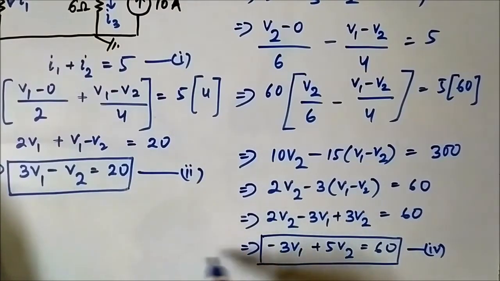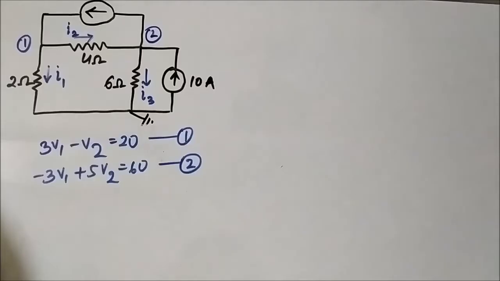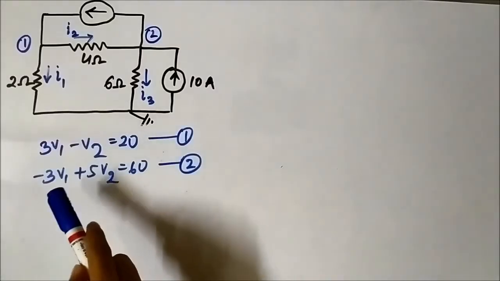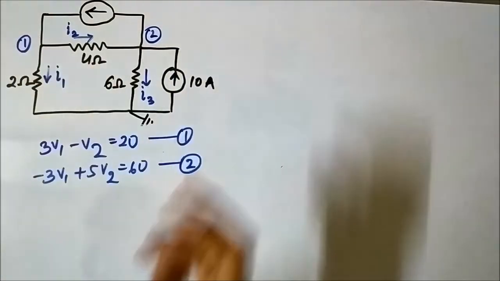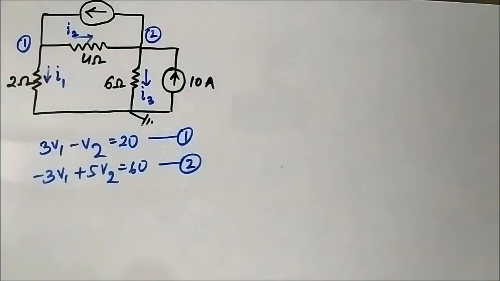Now we have to solve these two simultaneous equations to get V1 and V2. These are the two nodal equations that we got by applying KCL or nodal analysis at nodes 1 and 2, involving two variables, to get the values of V1 and V2.